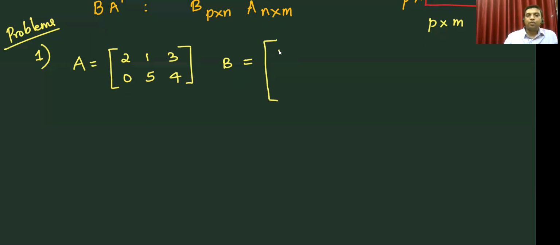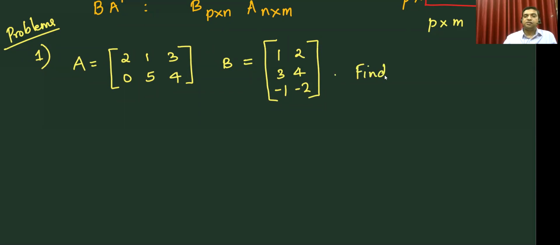So B is a column-type rectangular matrix formation. Let us do this.